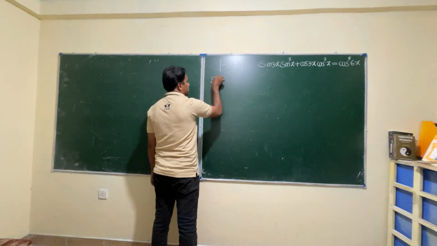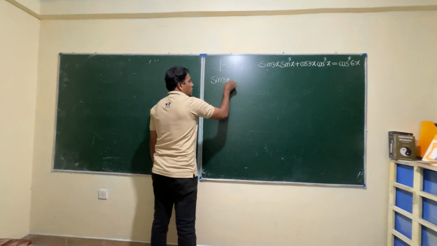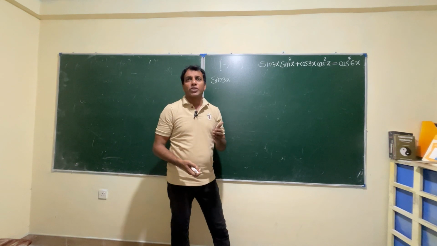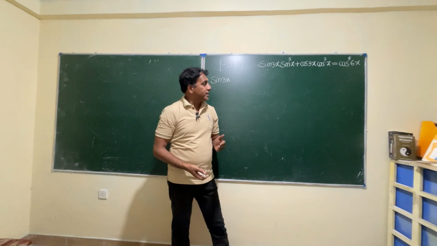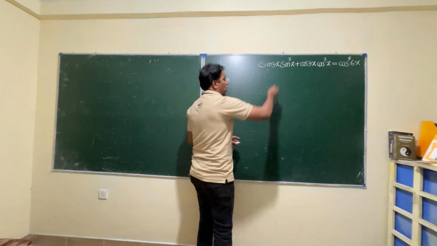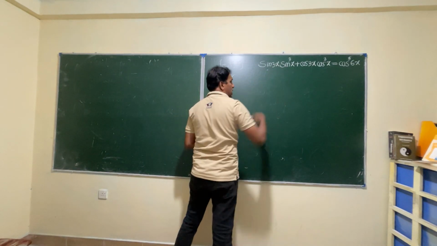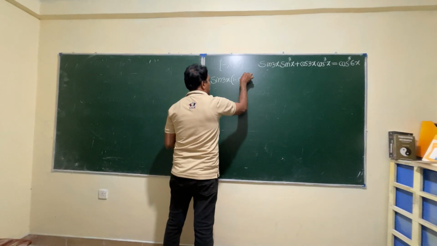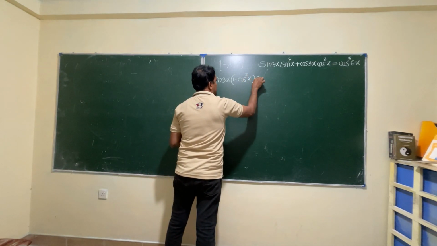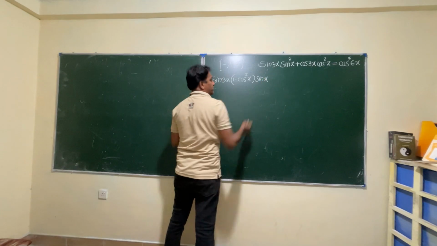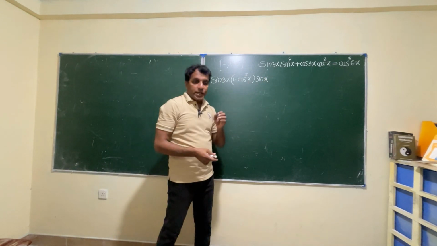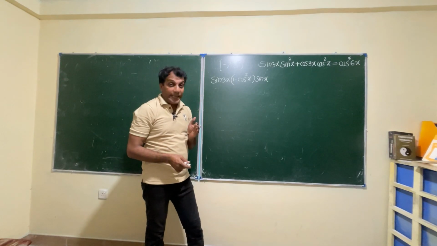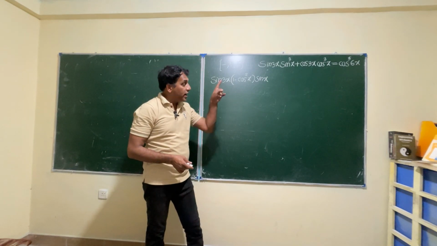Sin 3x, sin cube x. Sin cube means sin square x into sin x. So can I write sin square as 1 minus cos square x, another sin x. Sin square is 1 minus cos square, into sin.